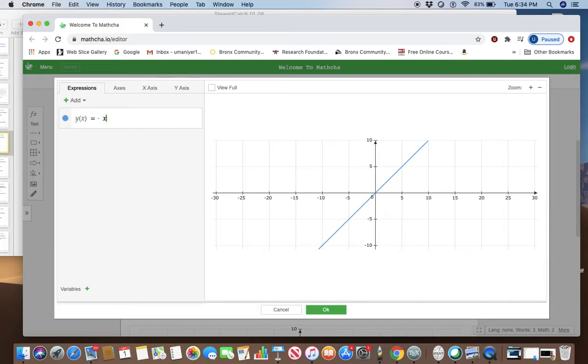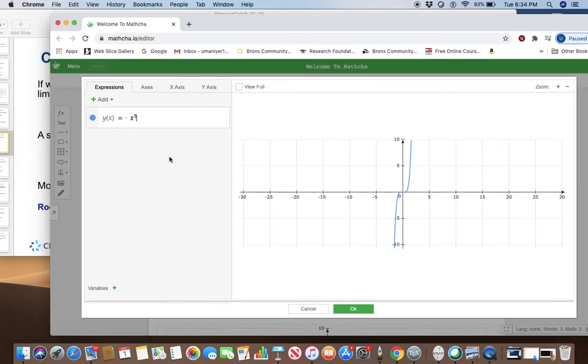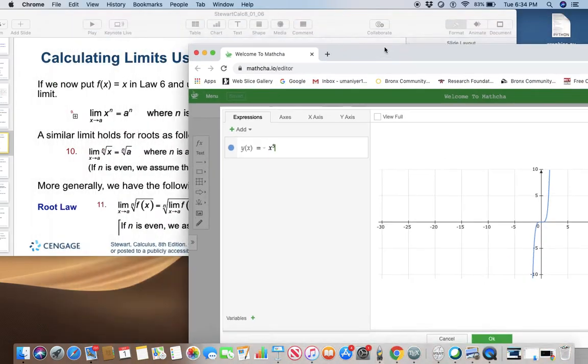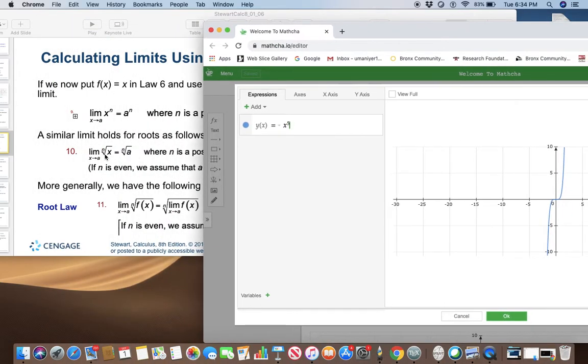So x to the power 4 looks very much like the parabola, but it isn't, okay? X to the power 5 looks like x cube, but that's the point of all odd powers, right?